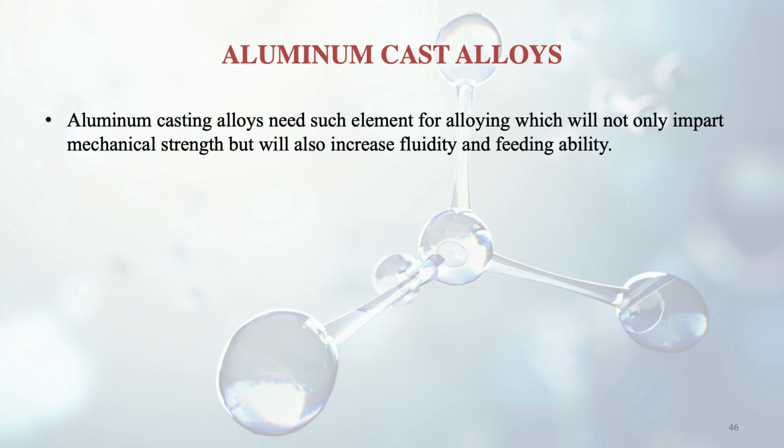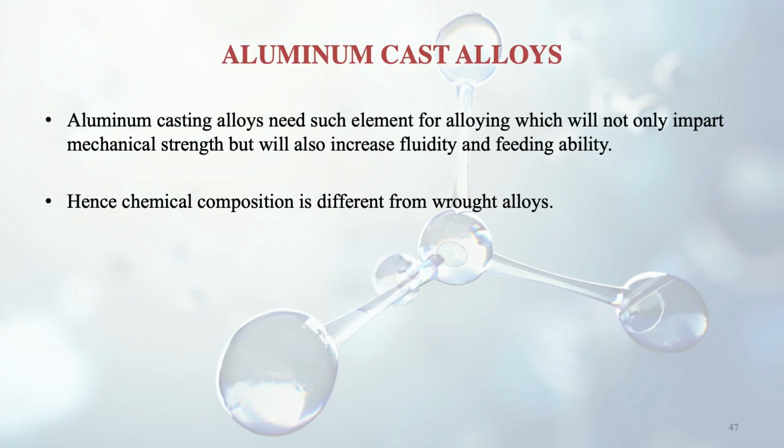Aluminium casting alloys need such elements for alloying which will not only impart mechanical strength but will also increase the fluidity and feeding ability. So when we are doing the casting process, we need this fluidity and feeding ability. That's why other alloying elements are needed. Hence the chemical composition is different from the wrought alloys. So what are the elements then?